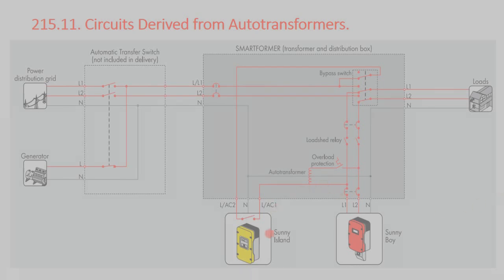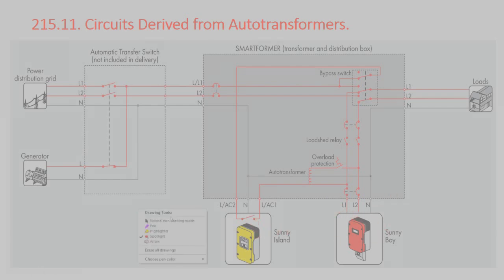And so here is our battery inverter. And here's our transformer and distribution box, where we are taking the output of the Sunny Island and turning it into a 240 volt leg 1, leg 2 neutral output.